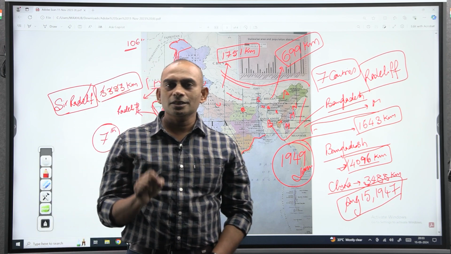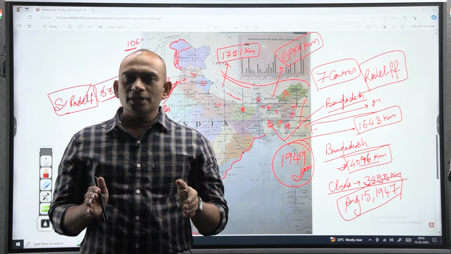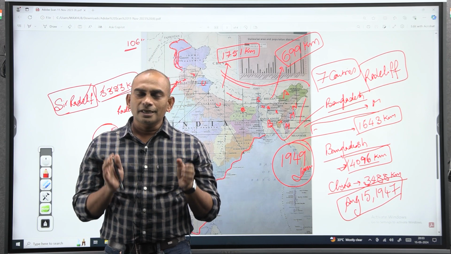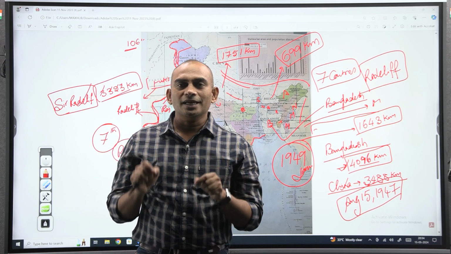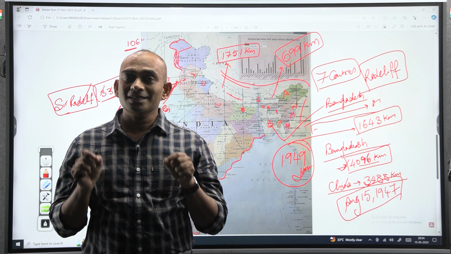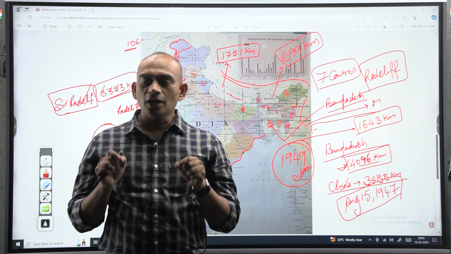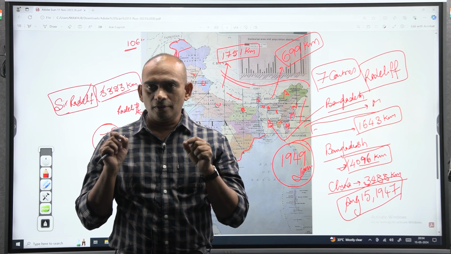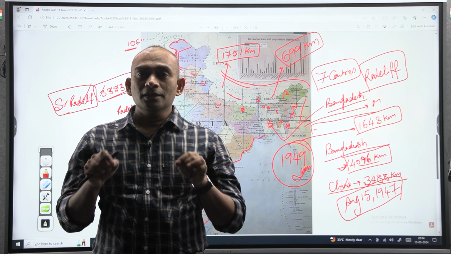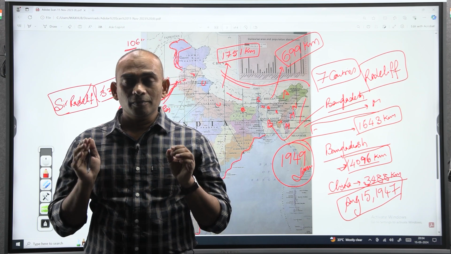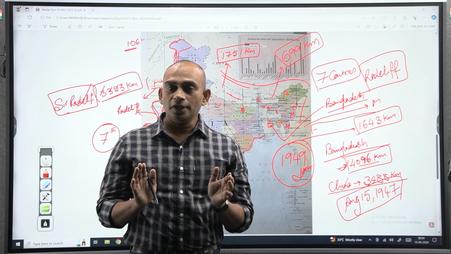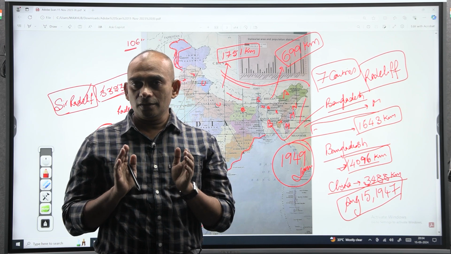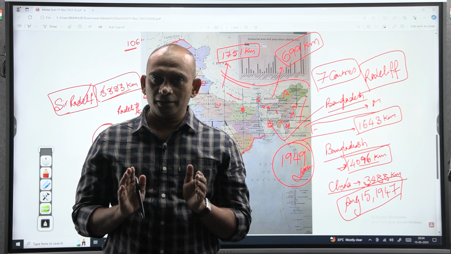After discussions, they came to a conclusion and signed an agreement called the Shimla Agreement, because that is the place where the entire agreement was framed.